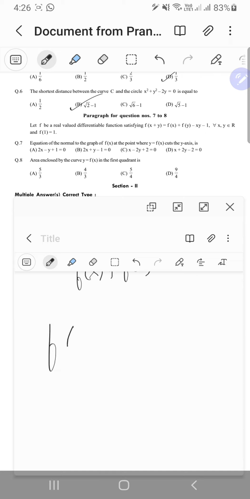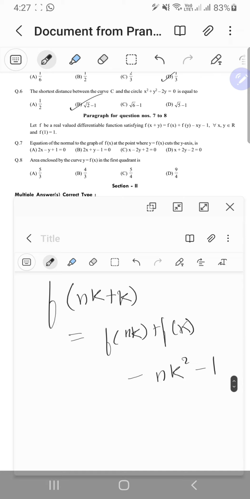So like f of nk plus k is just f of nk plus f of k minus, what is this, xy, so it will be nk times k, so nk squared minus 1. Cool. Right, now what?